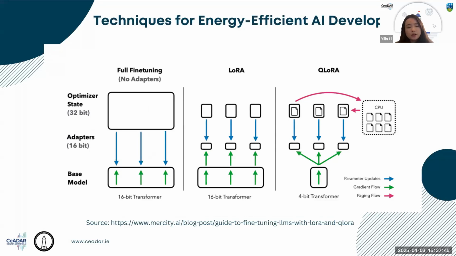And here is one more way we can reduce energy use, especially during fine-tuning of a large language model. Instead of updating all the weights in a model, which takes lots of memory and power, we can use more efficient methods like LoRA and QLoRA.